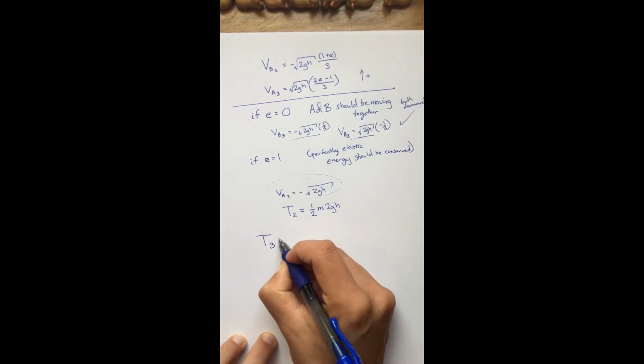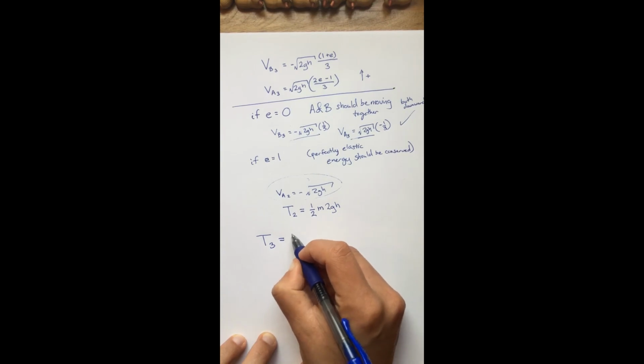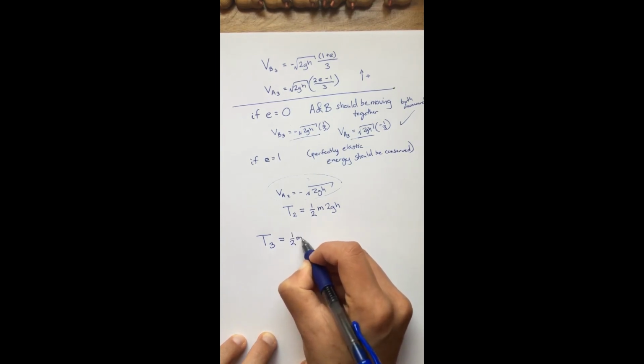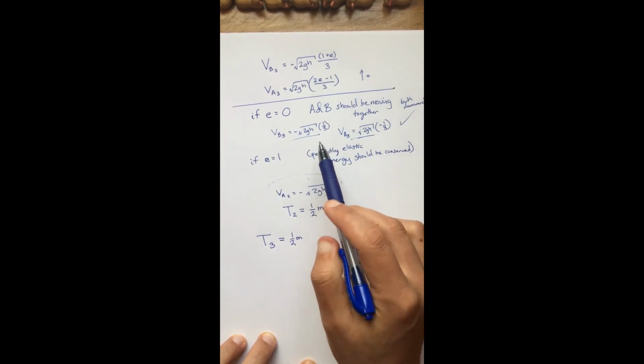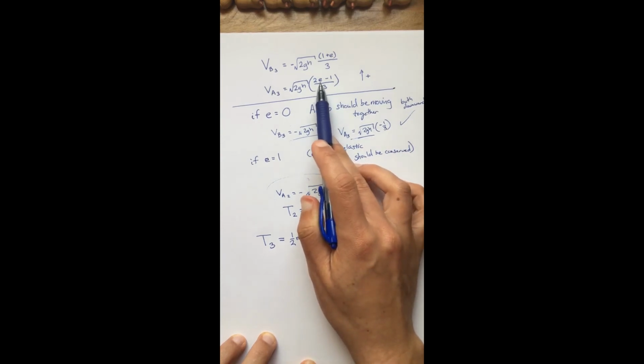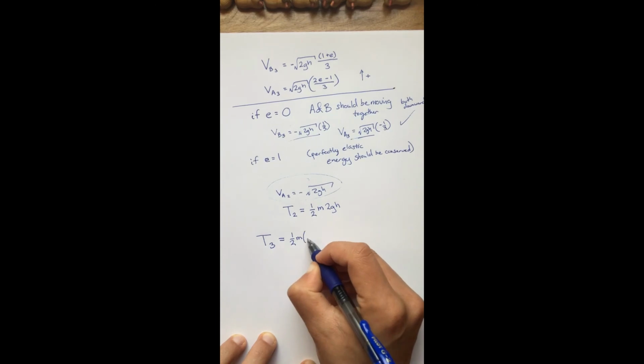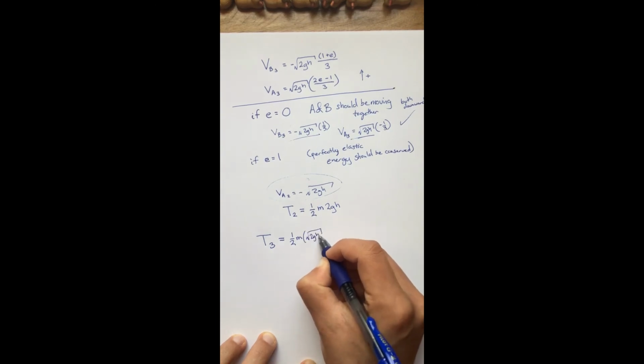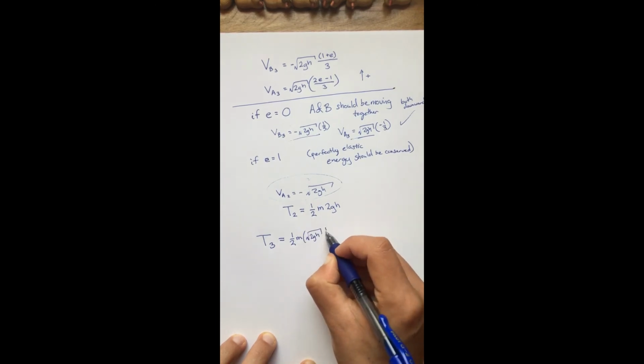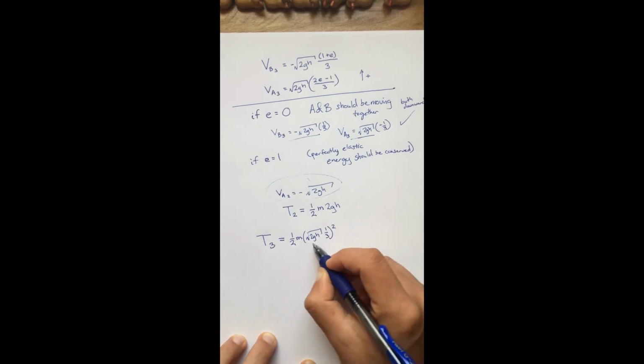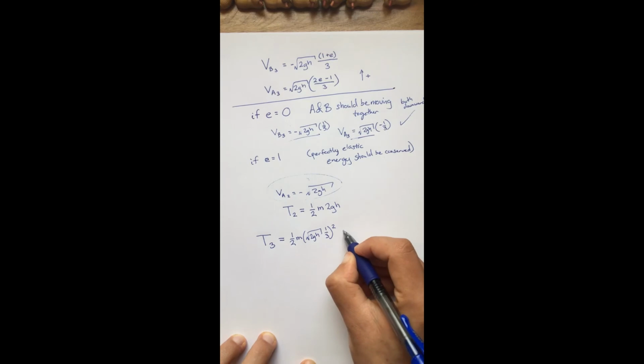We have A and B, which are both moving. So we have 1/2 times the mass of A times the velocity of A after the collision, and if E is equal to 1, this is 2 minus 1, which is 1, so that's square root of 2GH times 1 over 3 squared. So this is the kinetic energy of A after the collision.